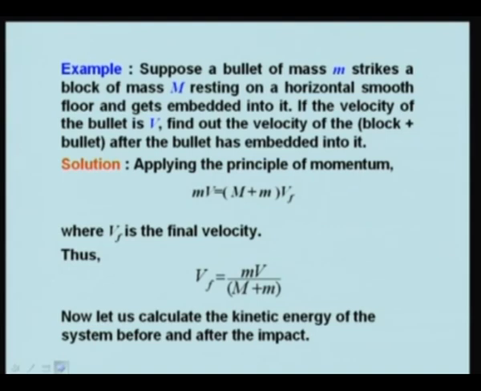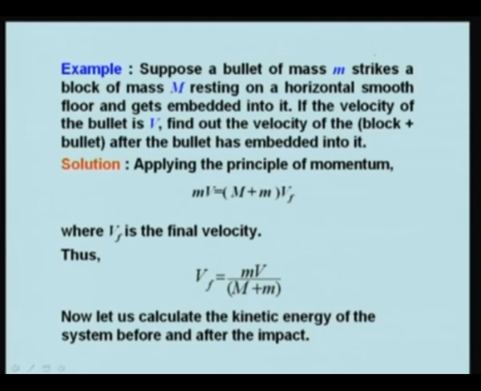For example, suppose a bullet of mass m strikes a block of mass m resting on a horizontal smooth floor and gets embedded into it. If the velocity of the bullet is v, find out the velocity of the block plus bullet after the bullet has embedded into it.